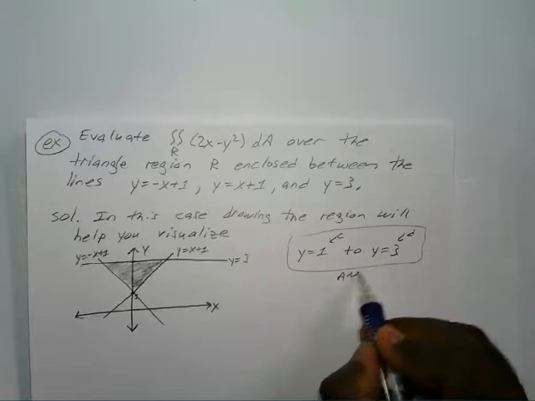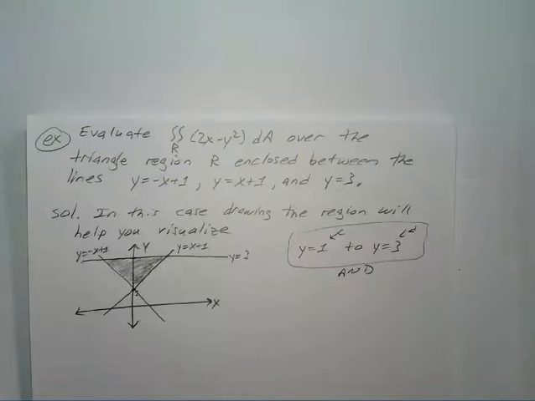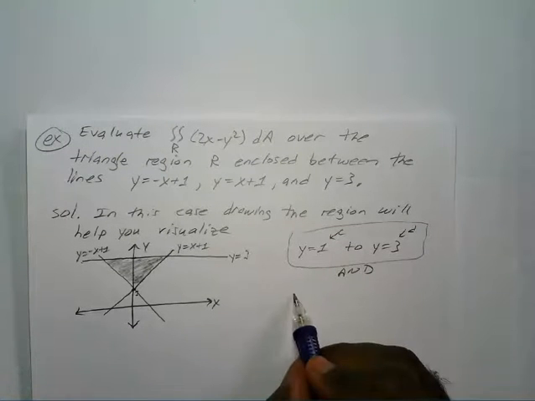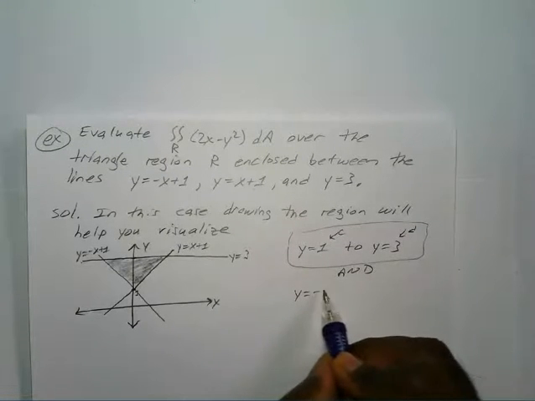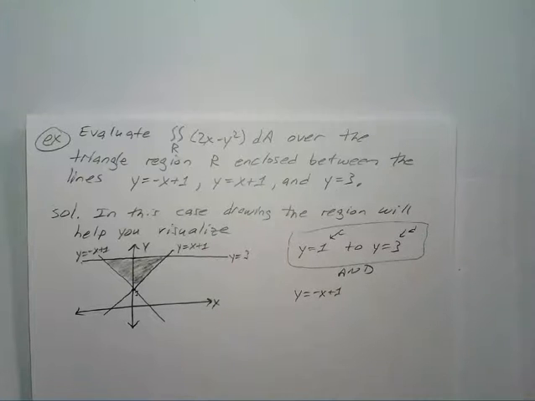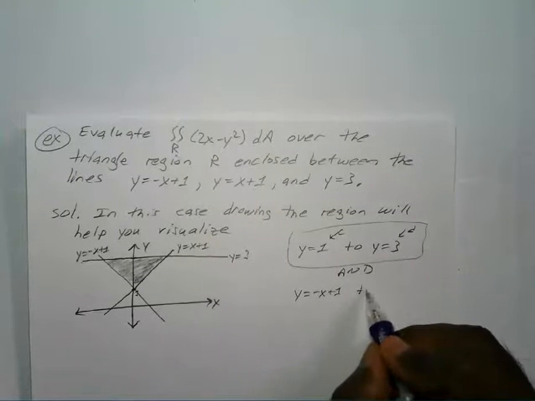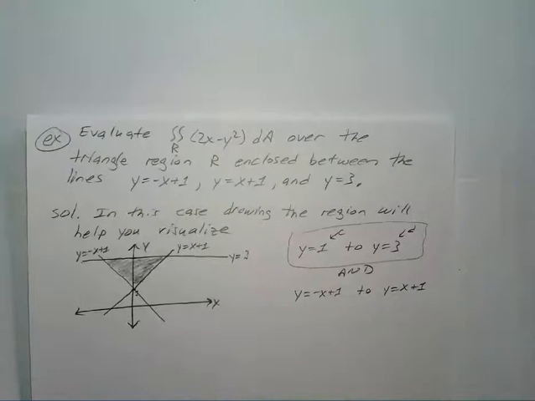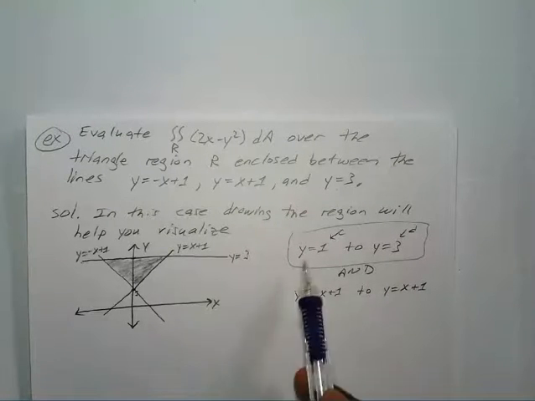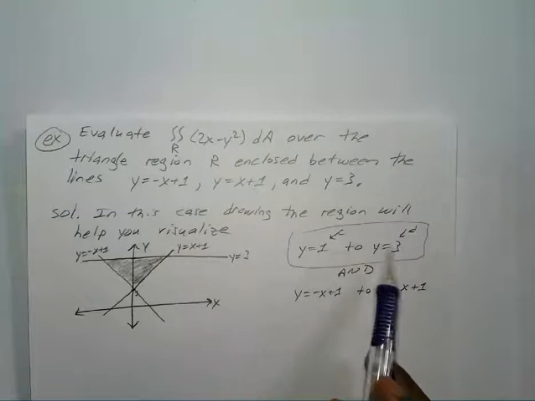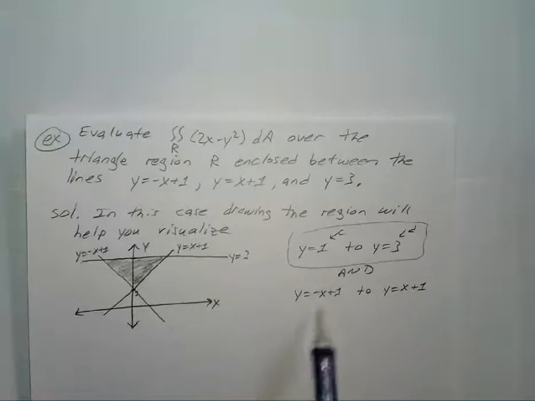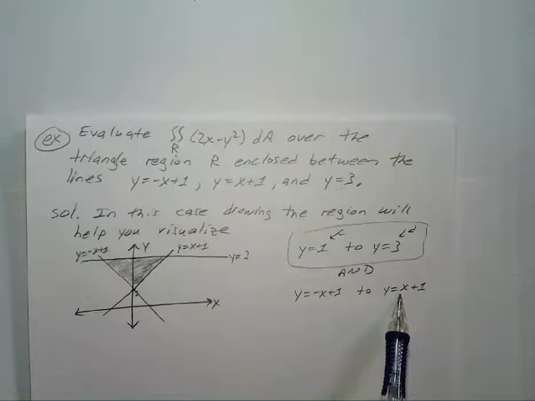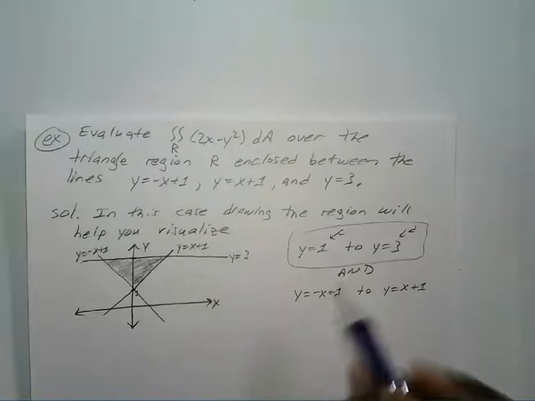Now the only thing we're left with is y equals negative x plus 1 and y equals x plus 1, which doesn't help us a lot because remember, we already have our y boundaries here. We can't have 2 more y boundaries. So what do you do? You just solve for x, and that'll give you 2 x boundaries.